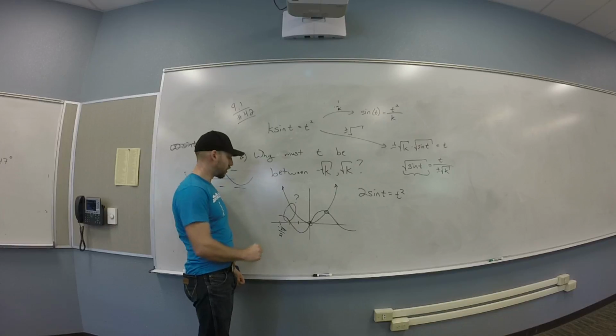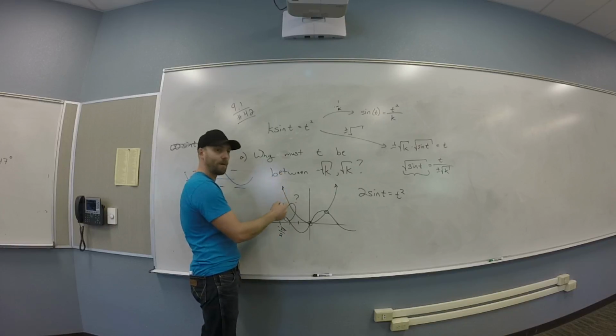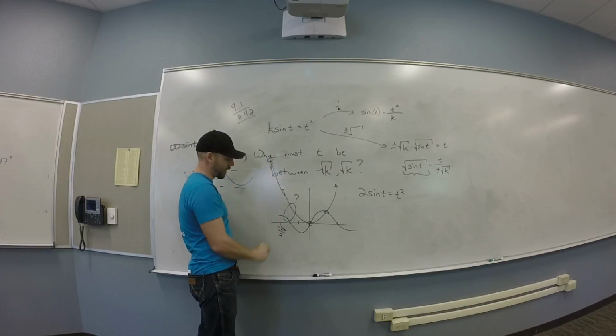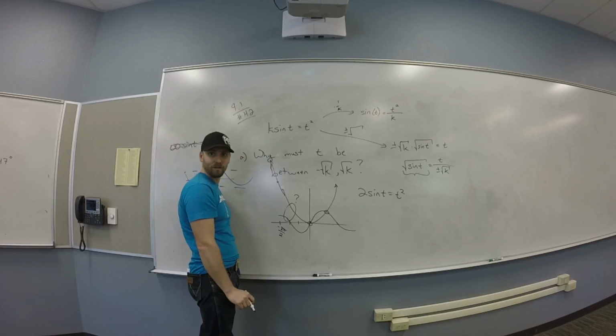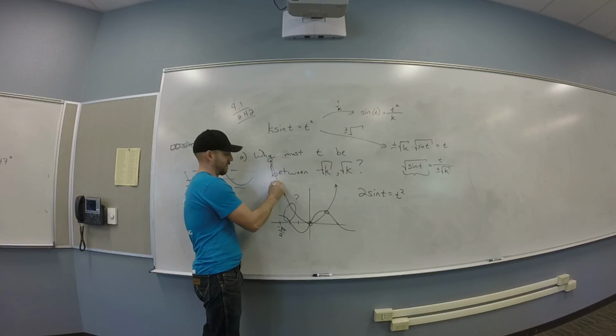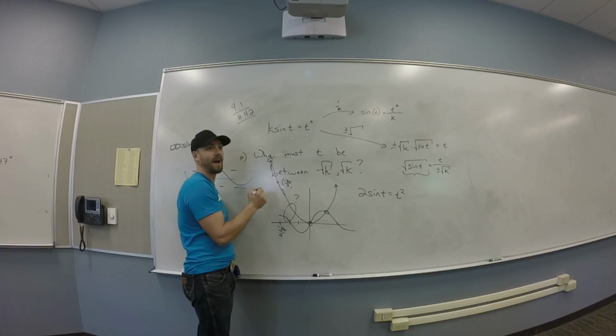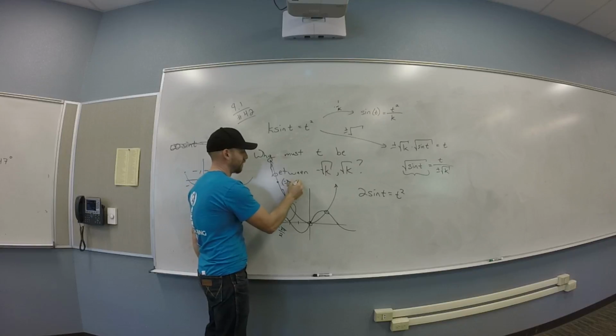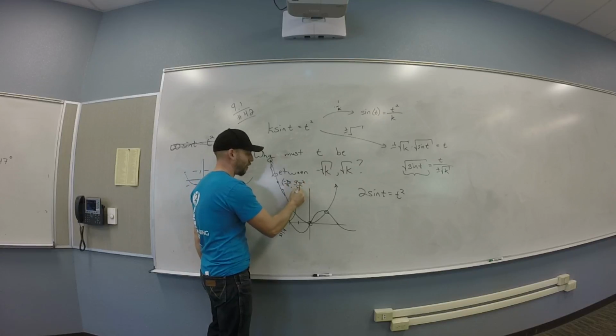So I want to know when that hits the parabola. If I look at the parabola here, what's over negative 3 pi over 2 on the parabola? A point at negative 3 pi over 2, comma, something. It's squared, so it's 9 pi squared over 4.